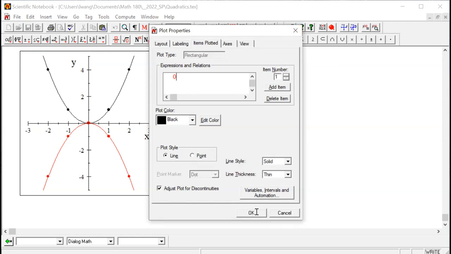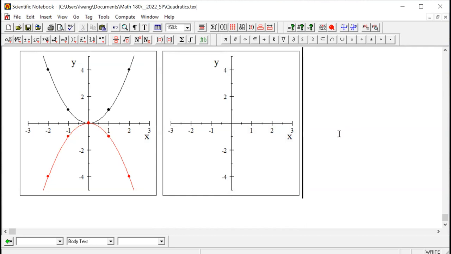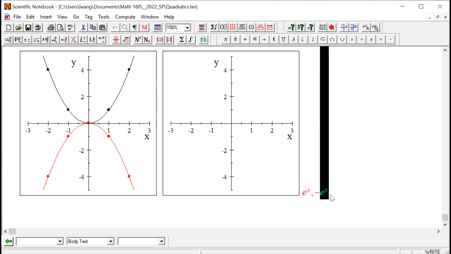Let me write down the function. The functions I'm going to show you: one is e to the power x, and the other one is -e to the power x. So you put a negative sign on the entire function.